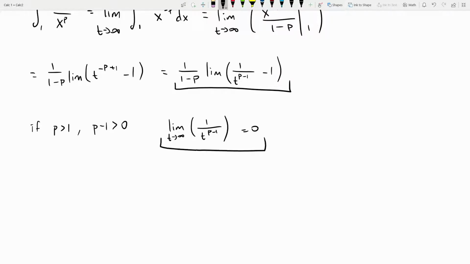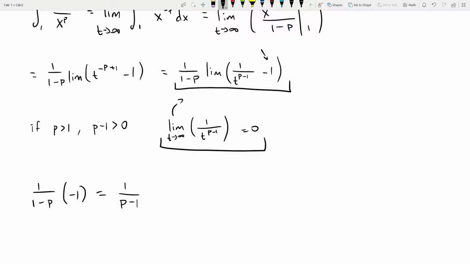So if this were to equal 0, then this up here would equal 1 minus p, and obviously the limit of 1 is going to equal 1. So we're just going to get 0 minus 1. So we're going to have 1 over 1 minus p times minus 1, which is going to equal 1 over p minus 1.